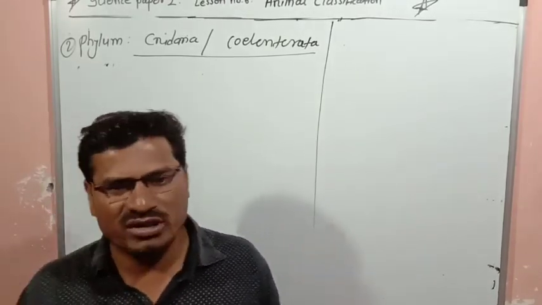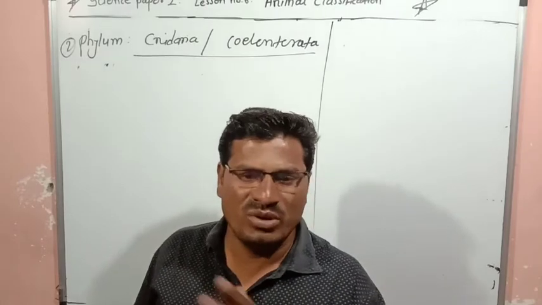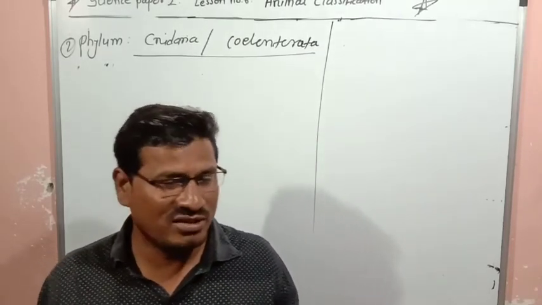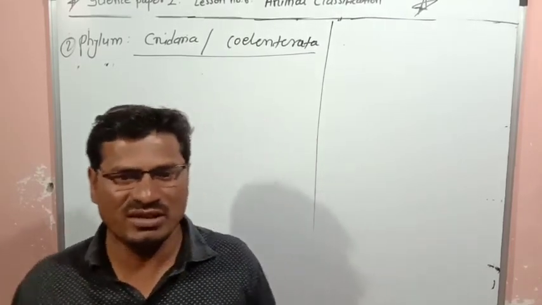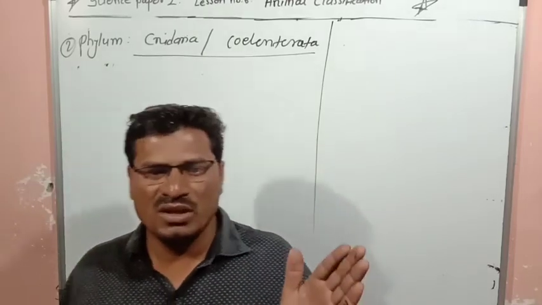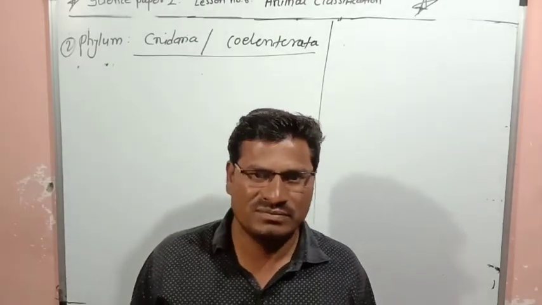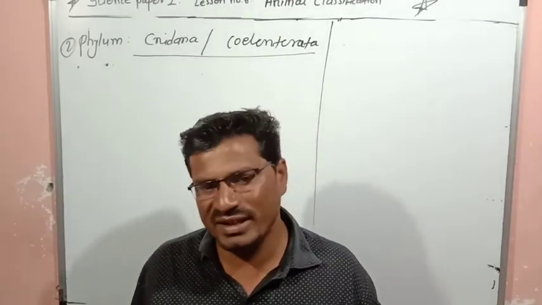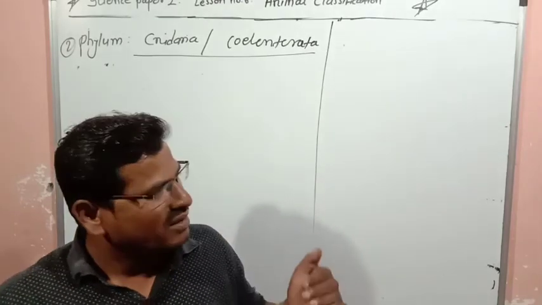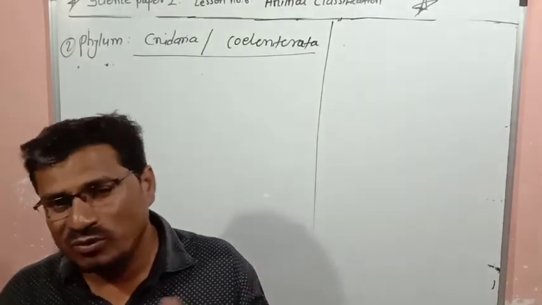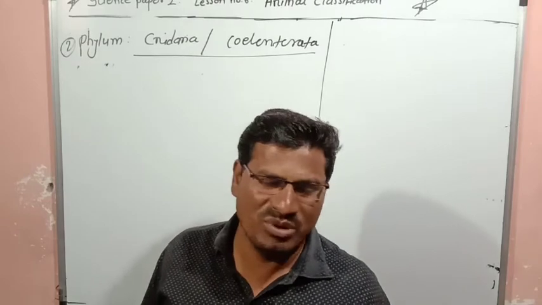Then second point is that most are marine water animals and few are freshwater dwellers. Then the body is radially symmetrical. The body of these animals is diploblastic, that means two germ layers are there.